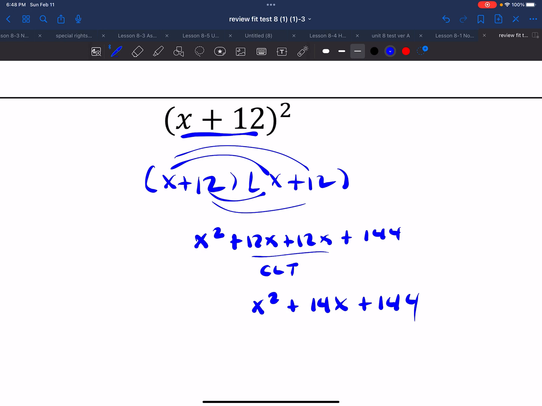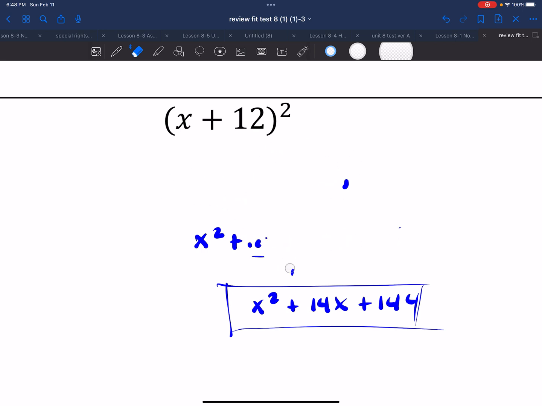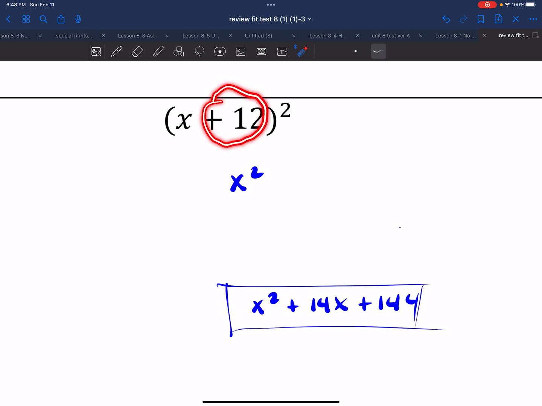The trick here basically is... hold up, wait.